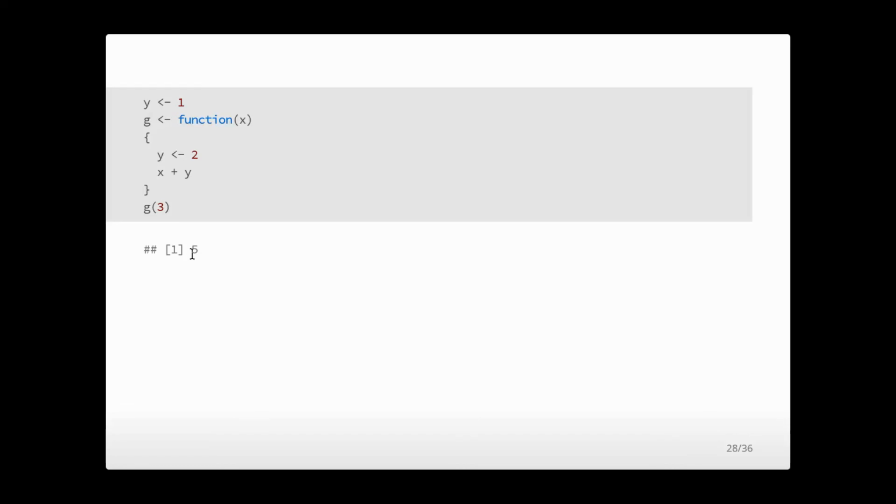It's not going to go to the scope up here. And if we looked at the environment here, this y is unaffected, okay? Even though I said y is now equal to 2, this only exists inside the function. It doesn't affect the y out here. It only affects what's inside this scope here.